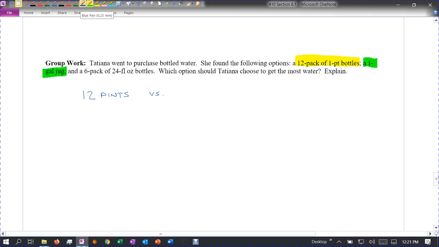Okay, so we're going to compare that to 1 gallon versus, let's see what her final option is, a 6 pack of 24 ounce bottles. So if we multiply 6 times 24, we get 144 ounces.